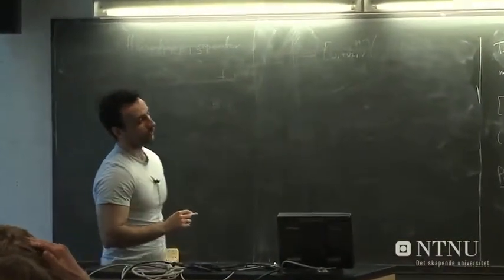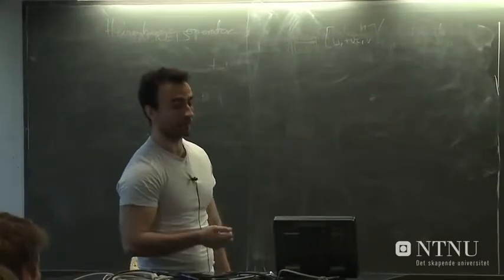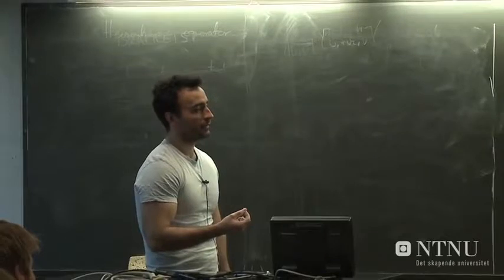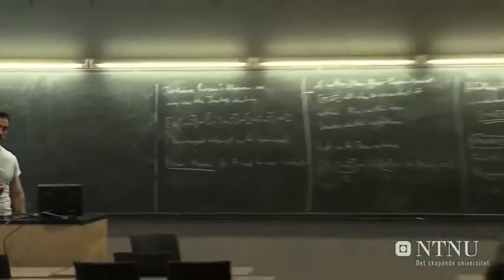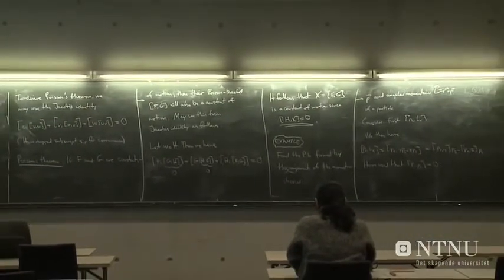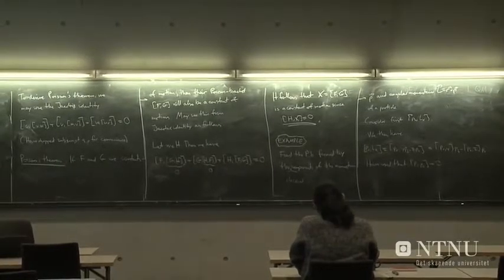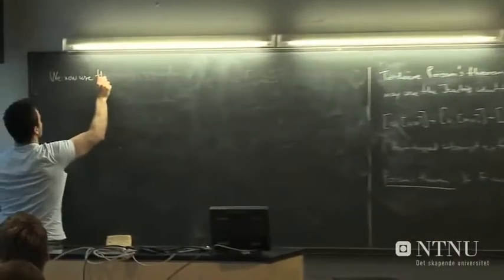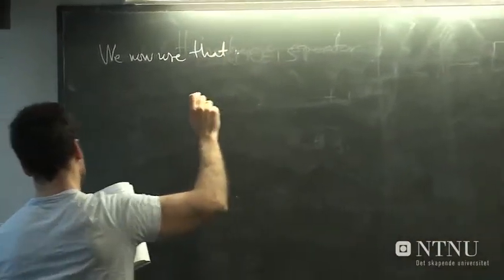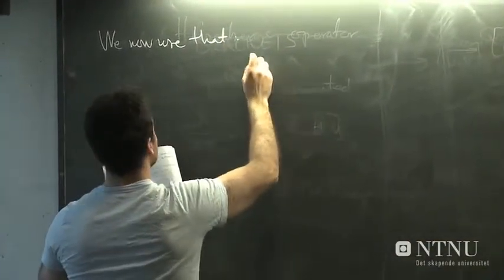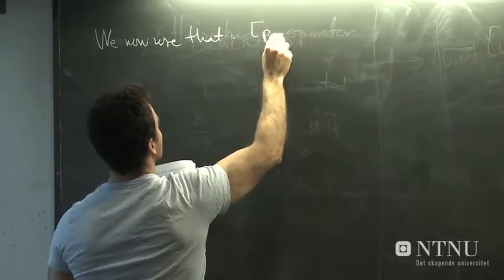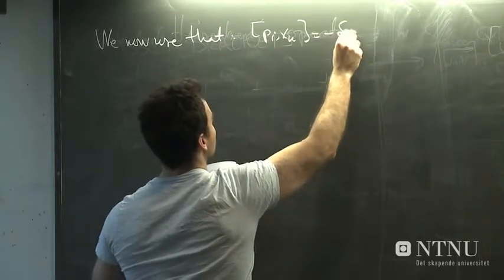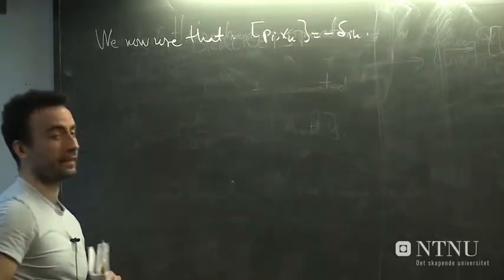Now, we have Poisson brackets here involving momentum and coordinates, but we have a relation for precisely this quantity, namely the first challenge I gave you: the Kronecker delta.